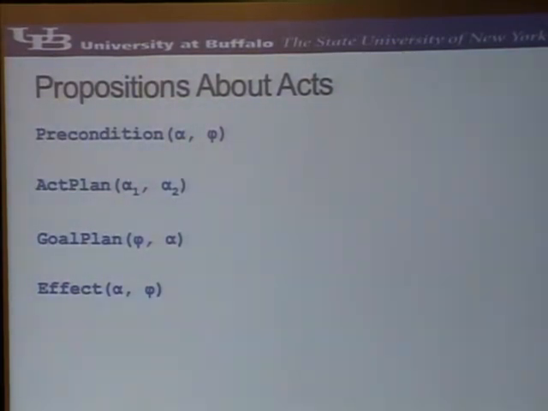Goal plan, if the agent wants phi to be true in its world, then alpha is a way to bring that about. An effect, the effect of performing alpha is that phi is now true in the world. Phi could be a negation, which means phi is no longer true, right? In fact, it's false.